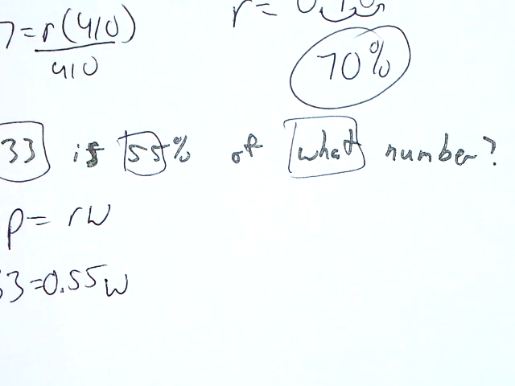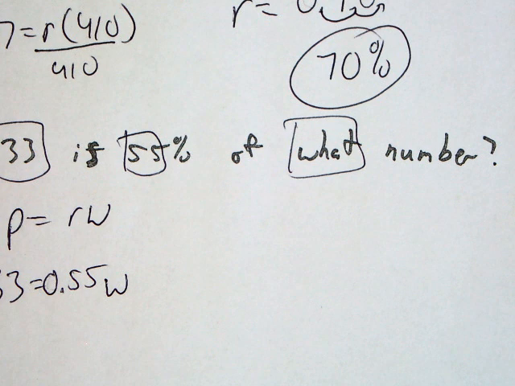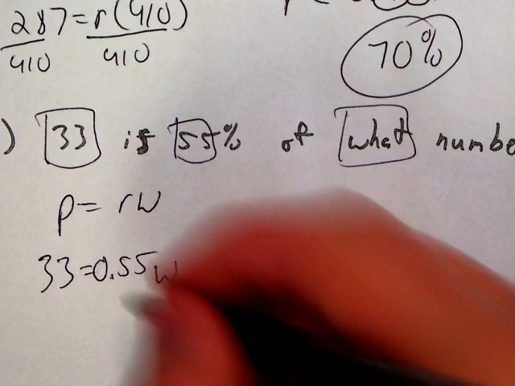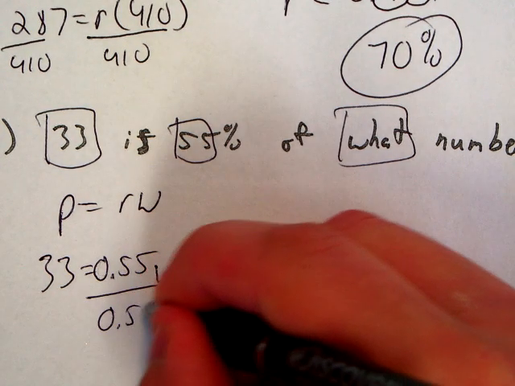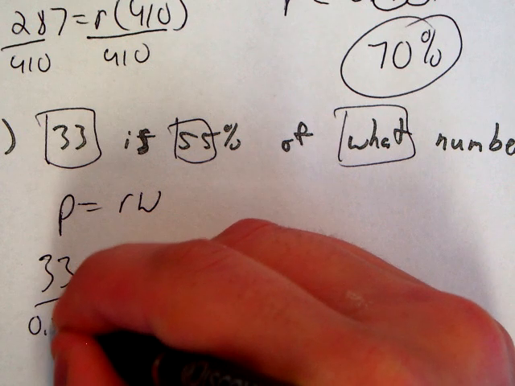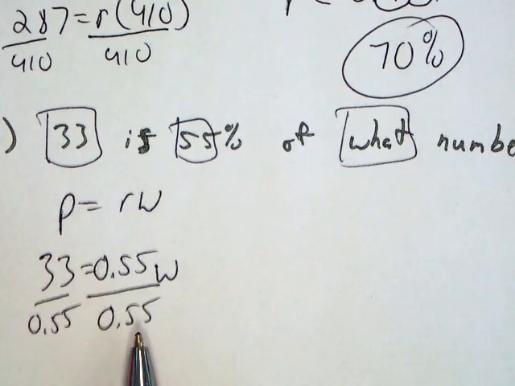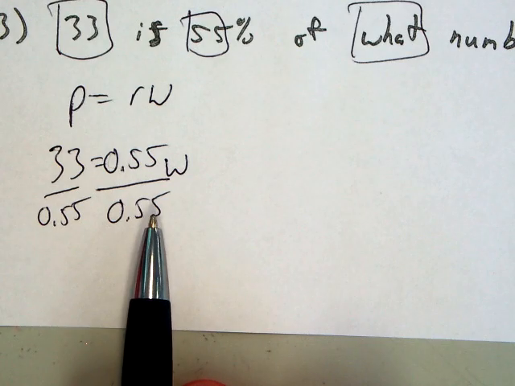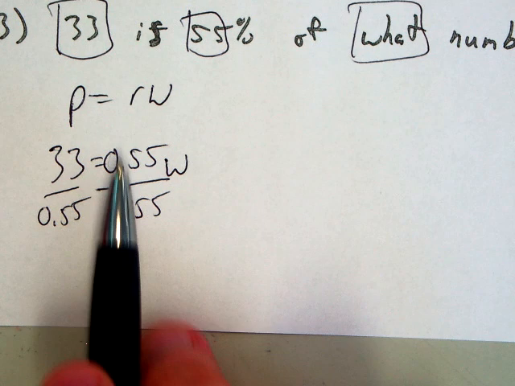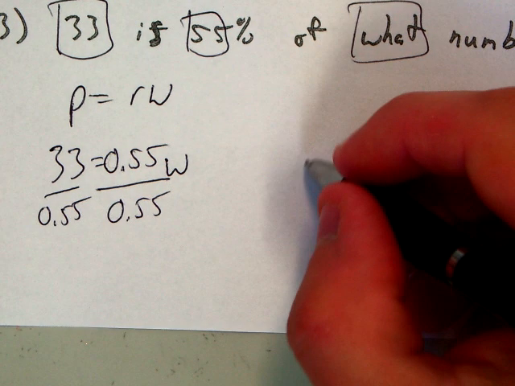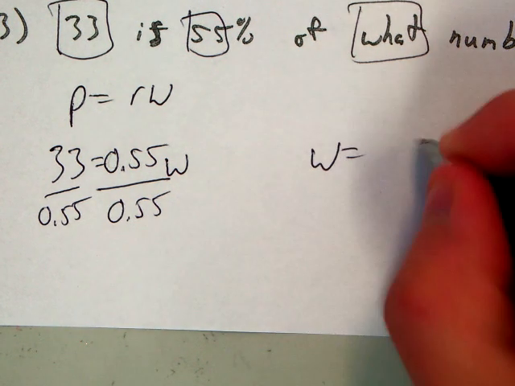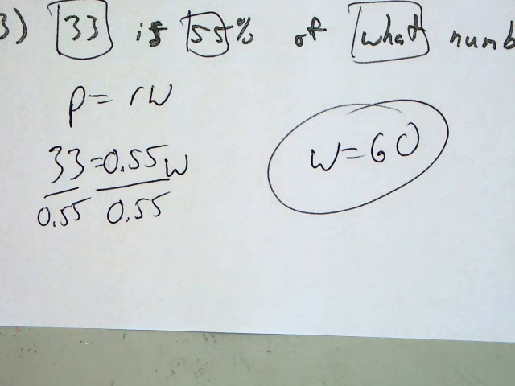So my whole is the number that's missing. Get W all by itself, I'm going to divide both sides by 0.55. Now, because we're dividing by a number smaller than 1, my answer should be bigger than 33. And if I do this correctly, I would see that the whole is 60. So 33 is 55% of 60.